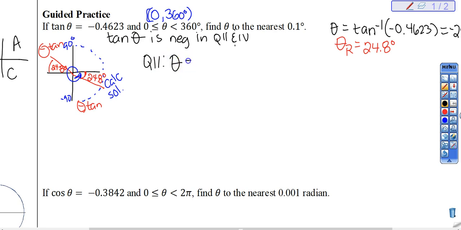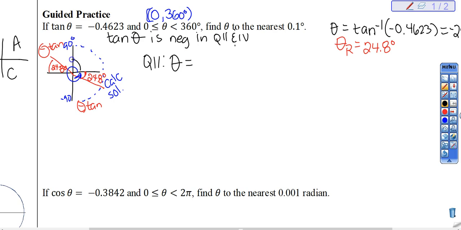All right, so let's just take quadrant 2 and let's find theta. So theta is equal to, how do I find this value? What do I do? It's not inverse. Maybe reciprocal, but not inverse. And no. Okay, so how am I going to find this measure?